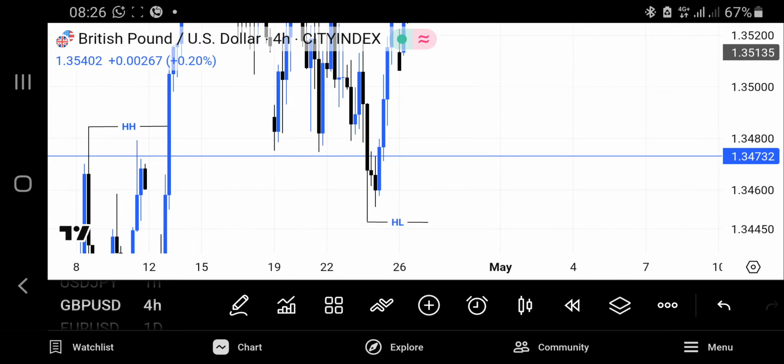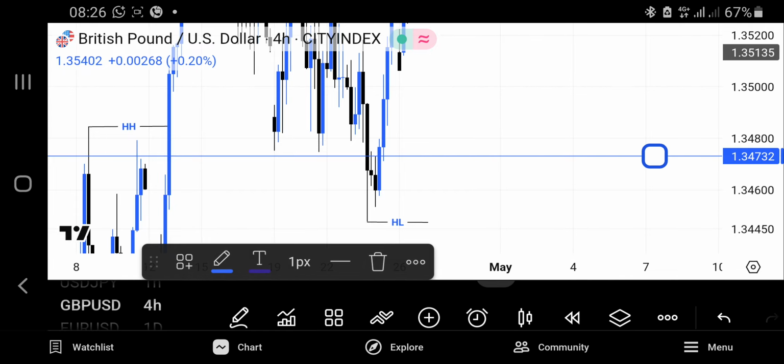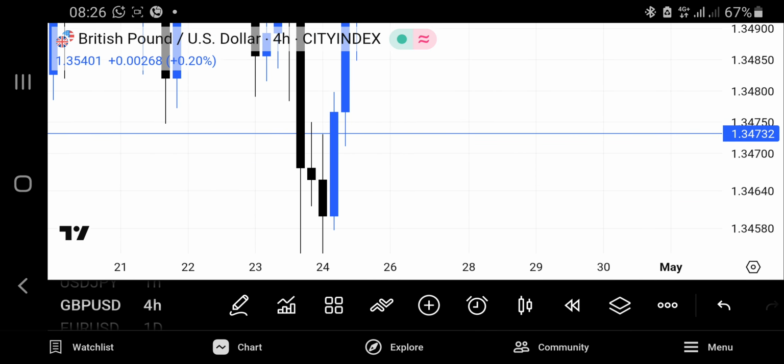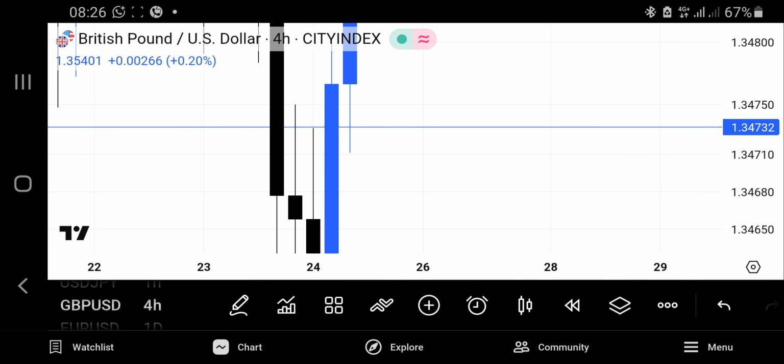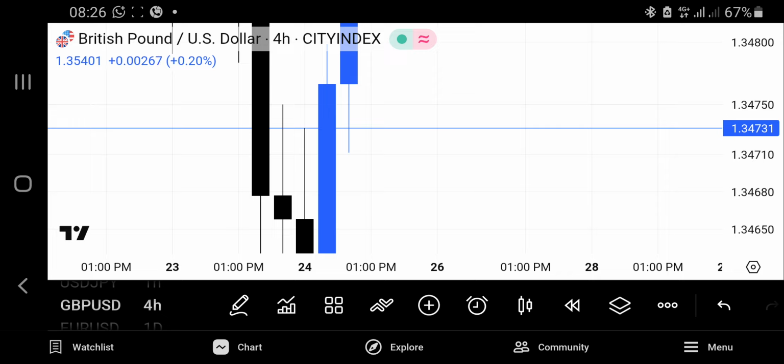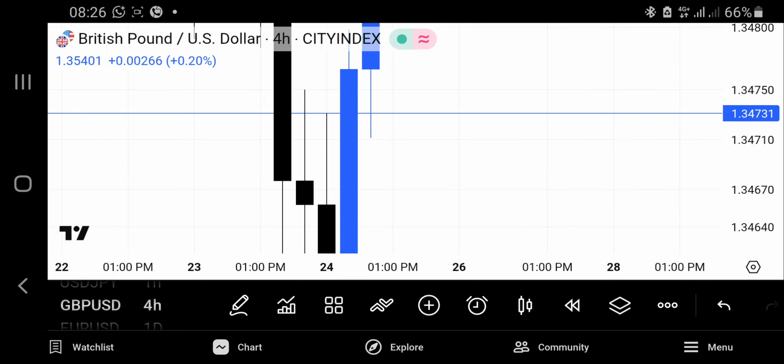At this point, this is when buyers took control, where this bullish candle engulfed the body of this bearish candle, and also engulfed the wick of this bearish candle.